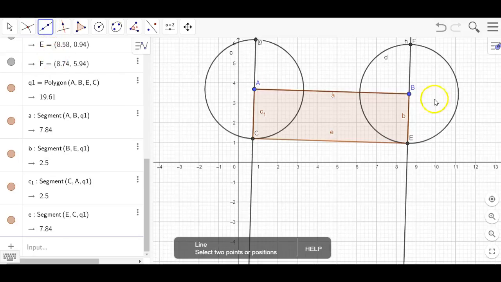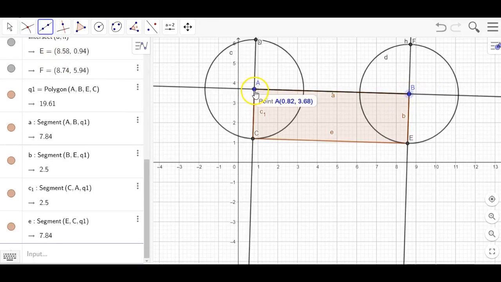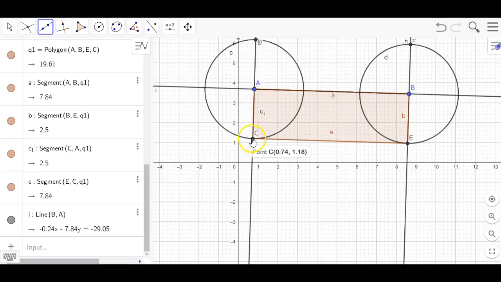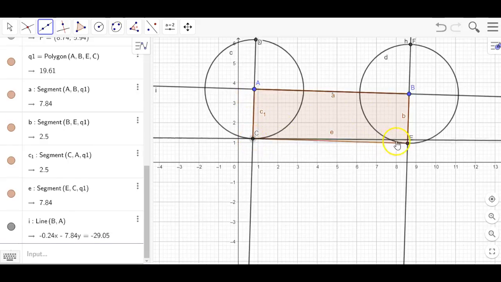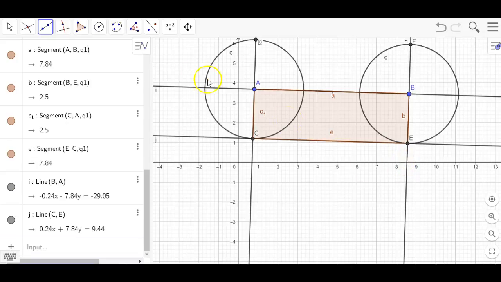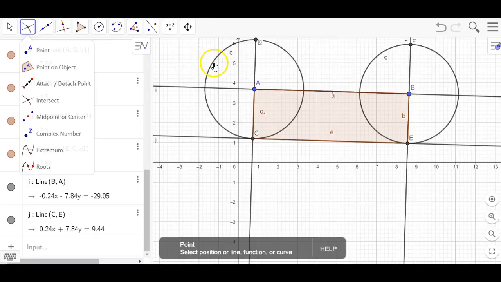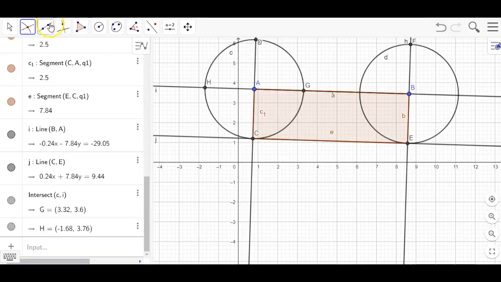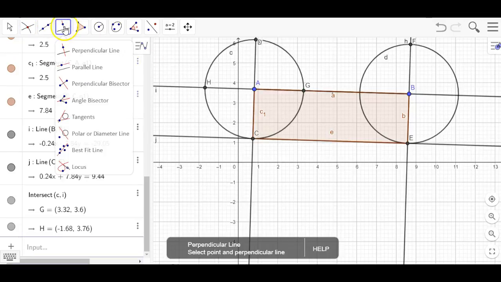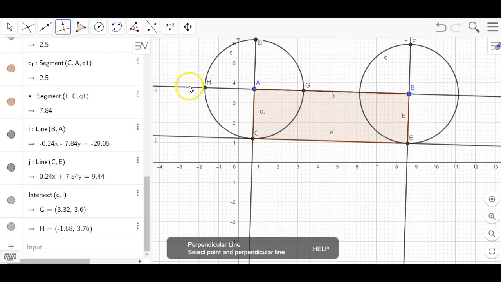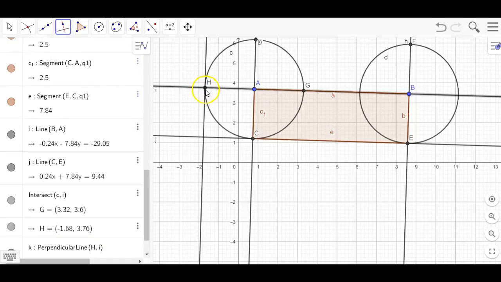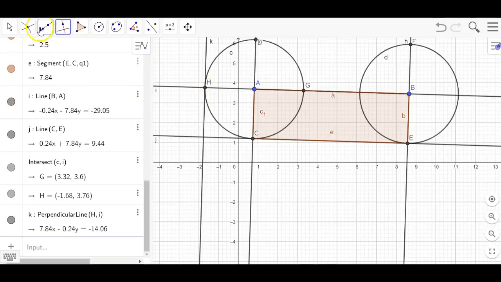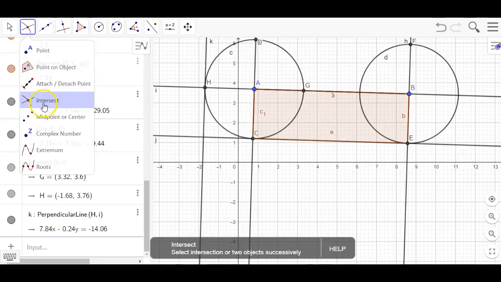Let's try a line from here through there, and make another one here to there, and then I will find the intersection points of this circle with that line. Okay, and I will draw a perpendicular to that line through that point, and I'll find the intersection point there.